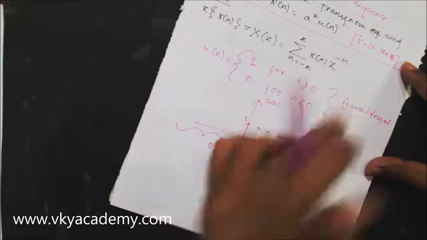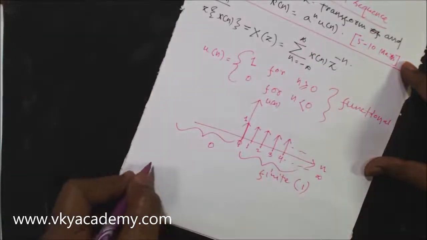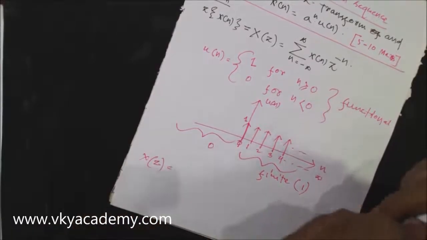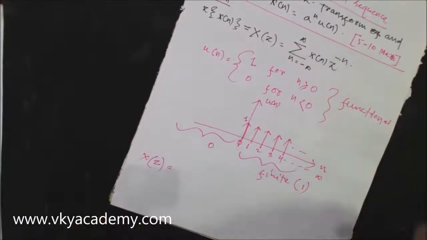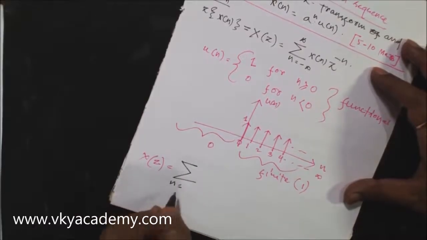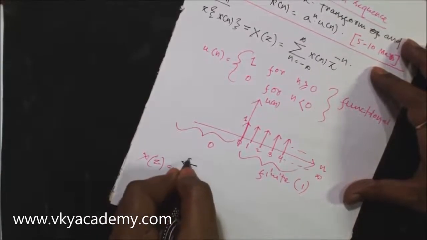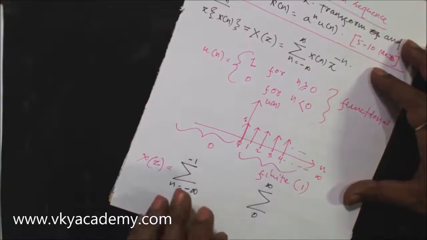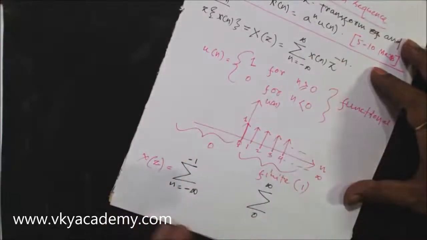So this particular function x of z is equal to summation n equal to minus infinite to minus 1 and 0 to infinite. The whole summation can be divided into two parts, one from minus infinite to minus 1 and another from 0 to infinite.